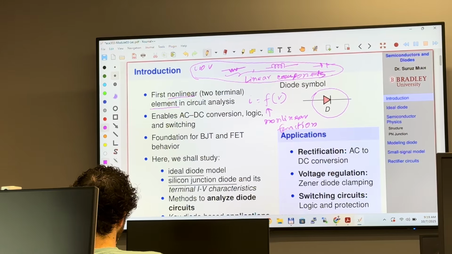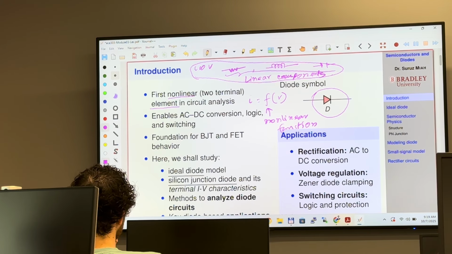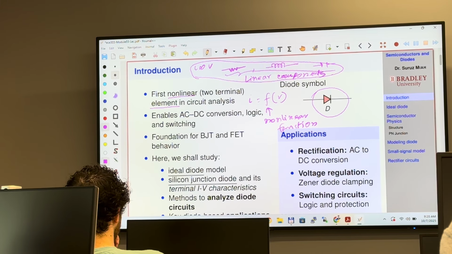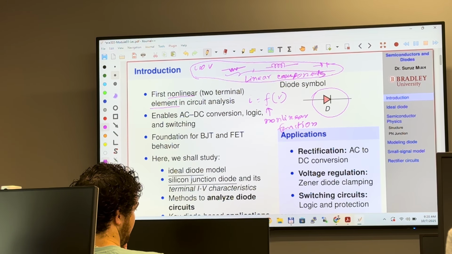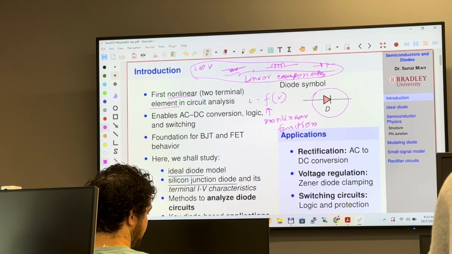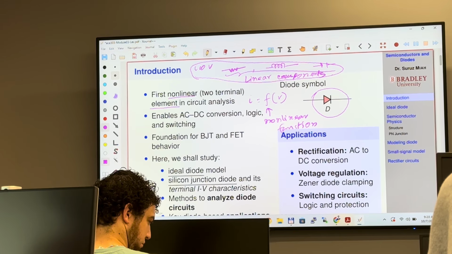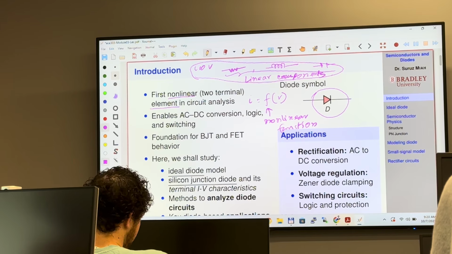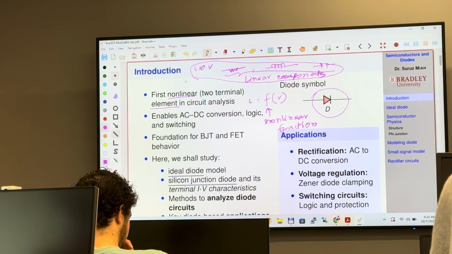For resistance, if we increase voltage, current will be increased. If we decrease voltage, current will be decreased. The relationship is simply a straight line.